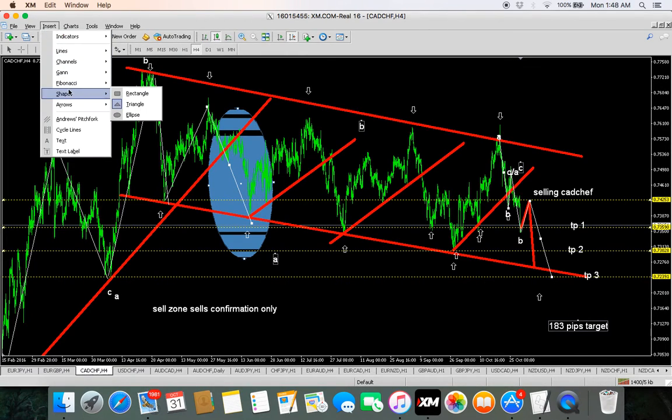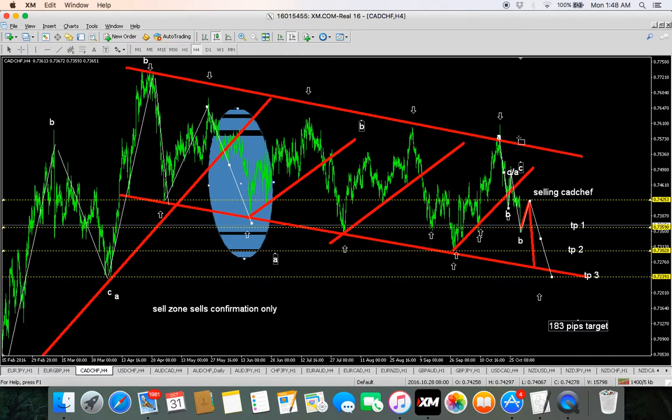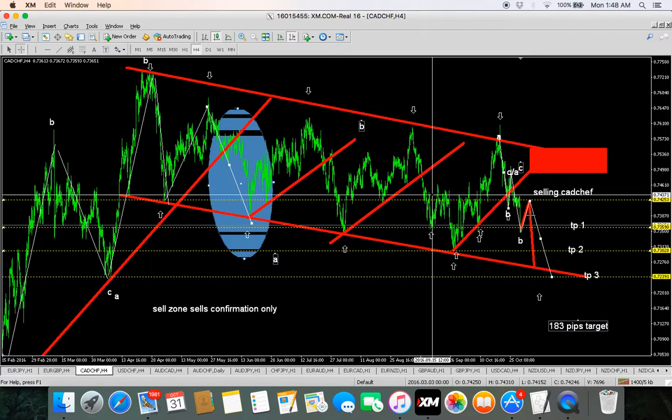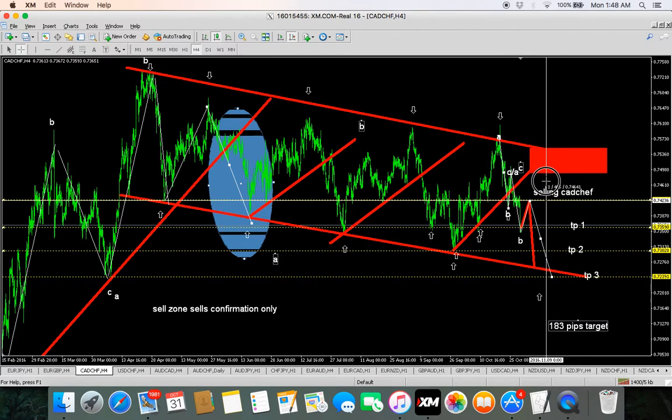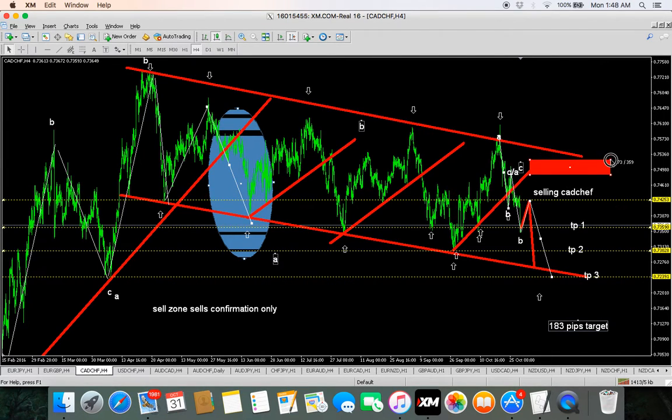So our stop loss zone, let me identify it somewhere here at this point. How many pips from this point? 55, guys. So let's reduce it a bit, somewhere here. Yes, our stop loss zone is this red box here.